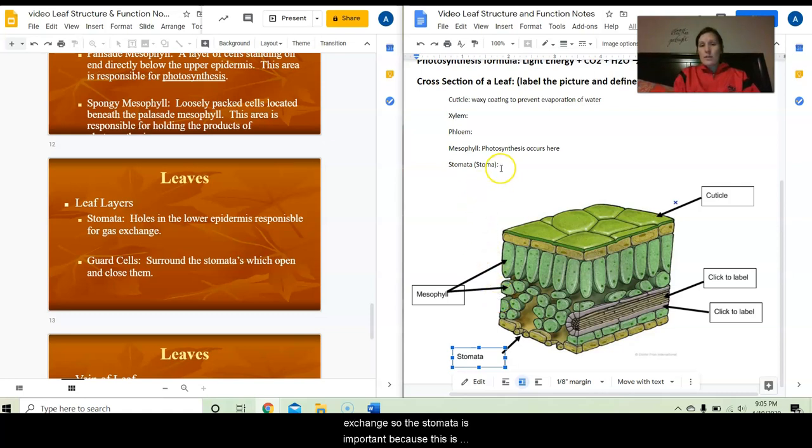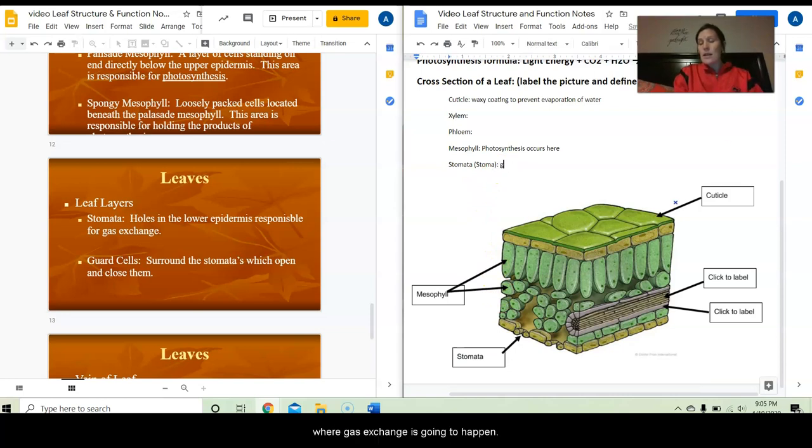So the stomata is important because this is where gas exchange is going to happen. And remember, gas exchange means we are taking CO2 in and oxygen out. That is what gas exchange is. We're exchanging those gases through the stomata so that the leaf can do photosynthesis. All right, so those are your guard cells and your stomata.